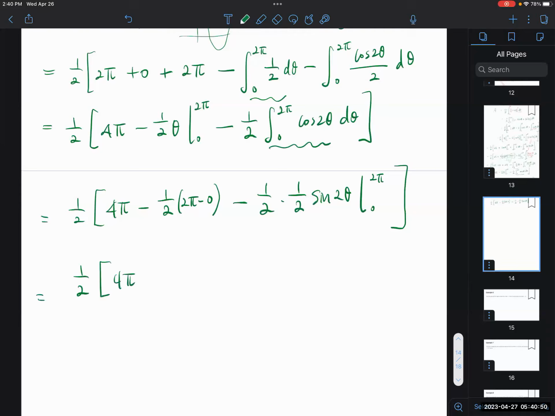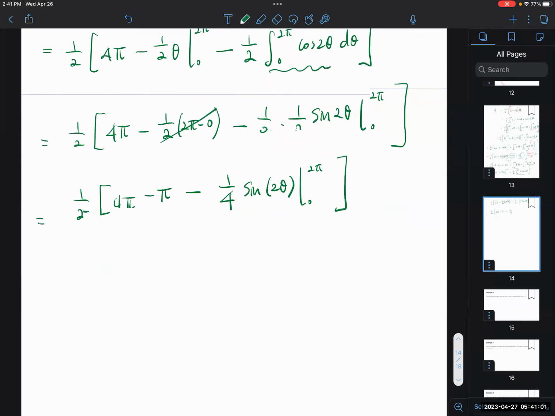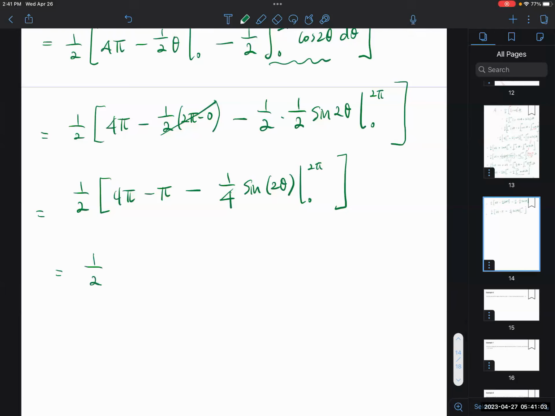So 1 over 2, hang in there. This is going to be pi. And then 1 over 4, we have sine 2 theta, 0 to pi. So we have to calculate this last part. It is going to be 3 pi. Here we go. 1 over 4 sine 2 times 2 pi, 4 pi, minus sine 2 times 0 is 0.